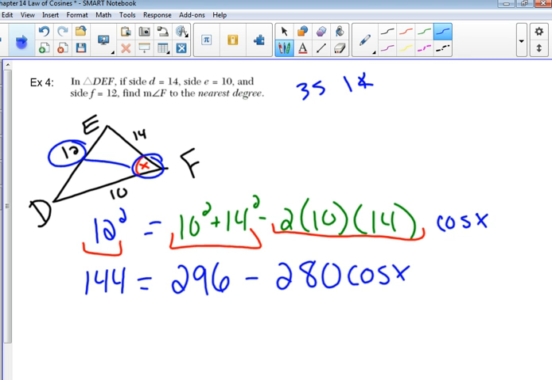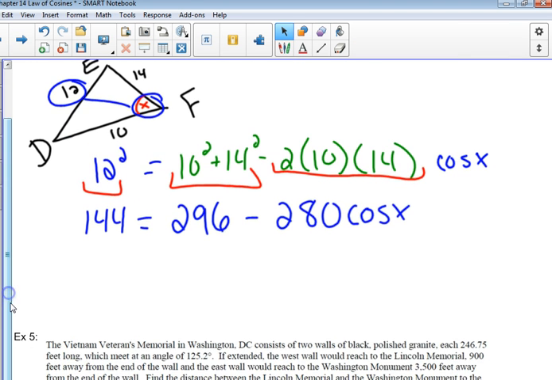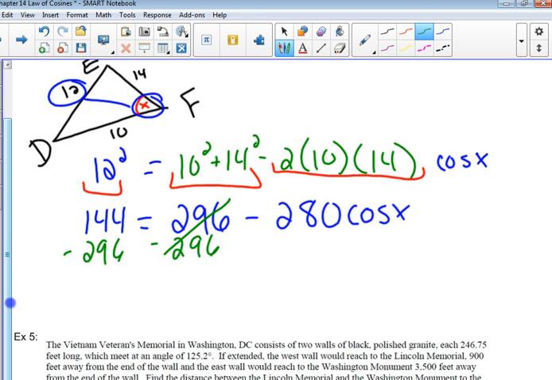Check out your chunking, make sure all your numbers are good. 155, 13. Negative 152. You get the decimal.